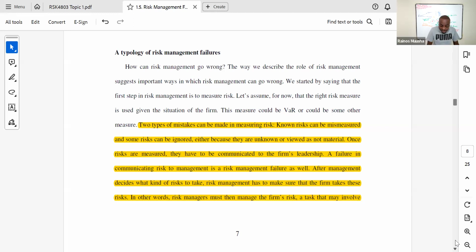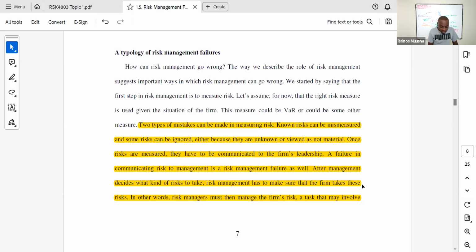Known risks can be mismeasured and some risks can be ignored, either because they are unknown or viewed as not material. Once risks are measured, they have to be communicated to the firm's leadership. Remember, we looked at the roles and responsibilities of the risk manager in the previous section.